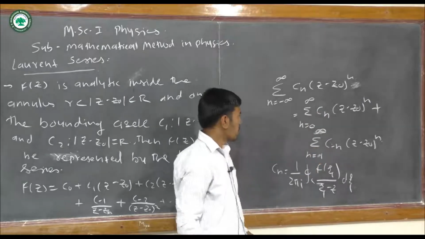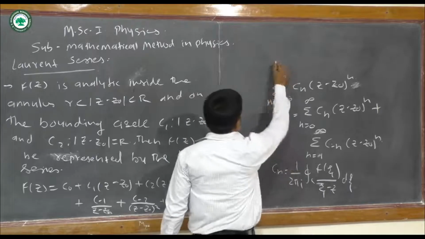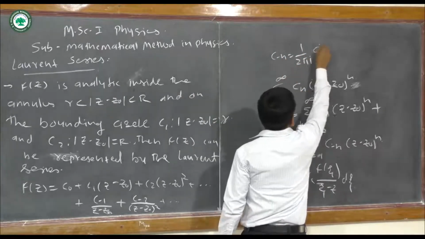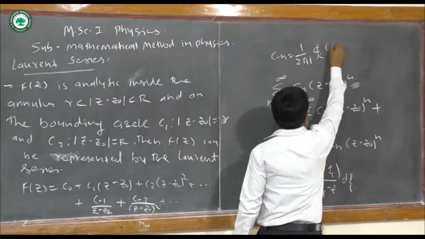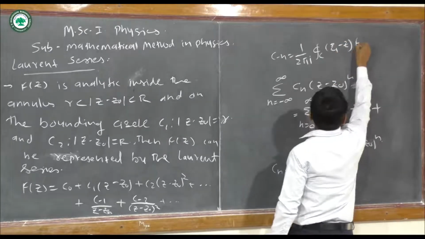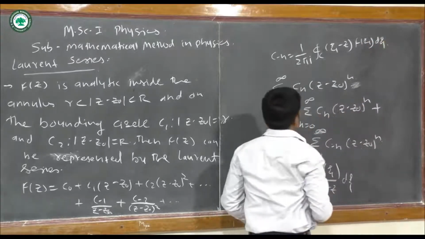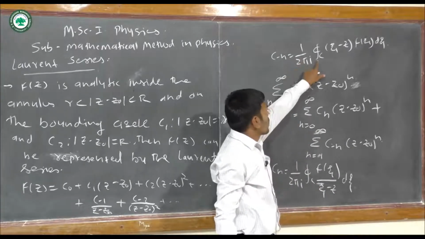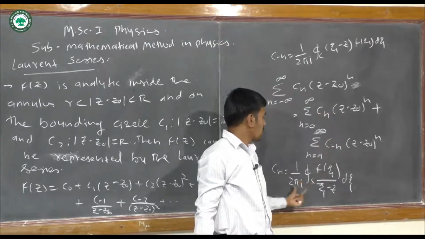And for C minus n, it is equal to 1 by 2 pi i, closed integral over C of (psi minus z naught) to the power n minus 1, f of psi d psi. So these are the characteristic coefficients of this series.